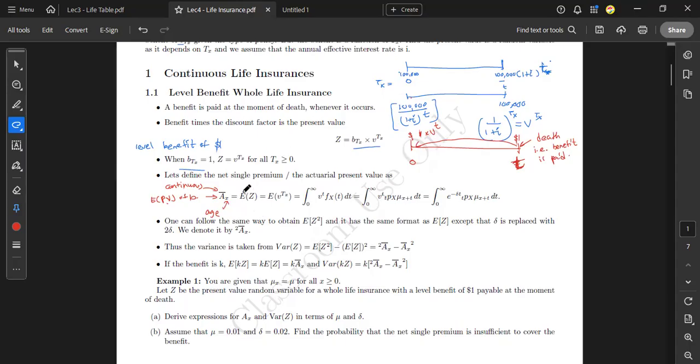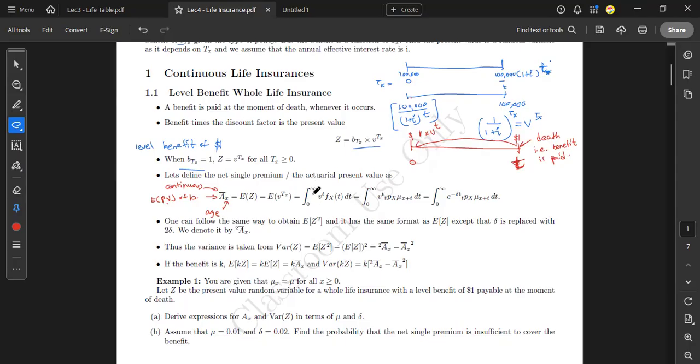And by definition, it's the expectation of the present value random variable of the benefit payment. And since we assume the benefit is $1, so now it's the expectation of the present value random variable for the risk-free rate. And since it is continuous, we get the integration from 0 to infinity.